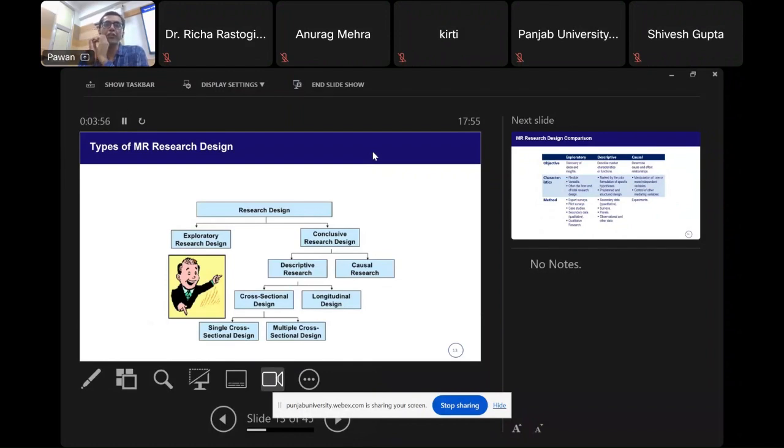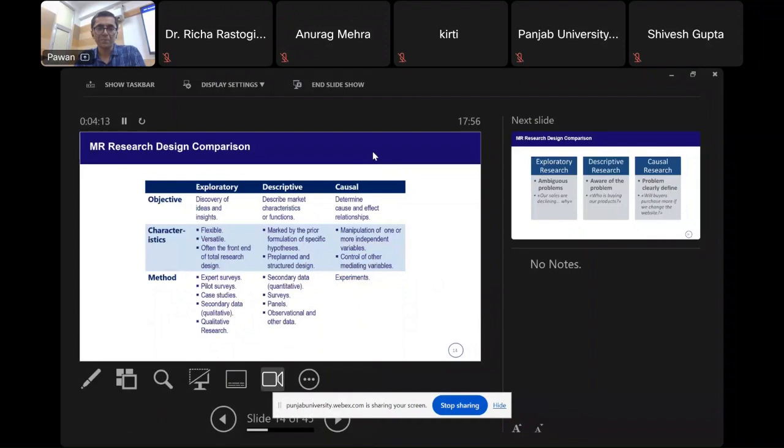So you're doing a little bit of exploratory research. Second is conclusive research, where you have a very clear question which you want MR to answer for you. Let me explain these three in brief: exploratory, descriptive, and causal.